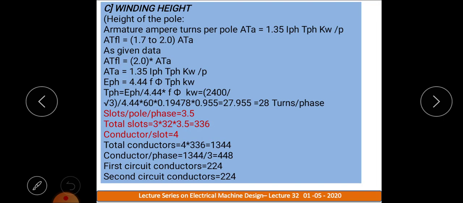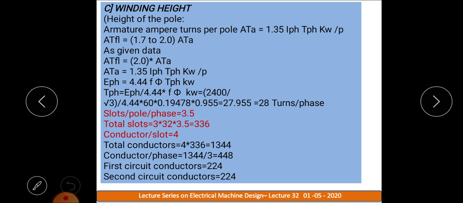Now in part C, it is asked to find the winding height. The winding height depends upon what MMF is required for that particular machine, and depending upon the height of pole and what MMF is required, we are going to get the winding height.